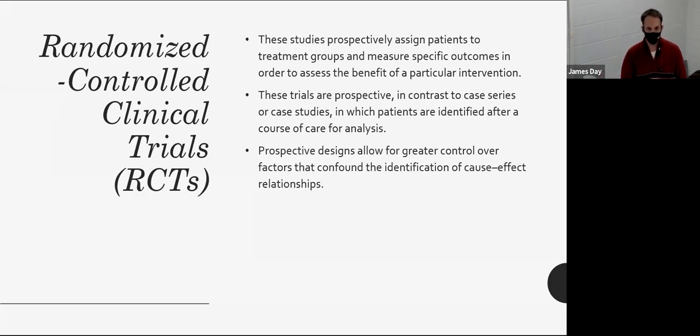RCT is a randomized controlled trial. When we look at research, and as we go through in our critical appraisal, you'll see we'll spend a decent amount of time looking for what we call confounding variables. This is anything else that might have caused a difference between the groups besides the intervention.